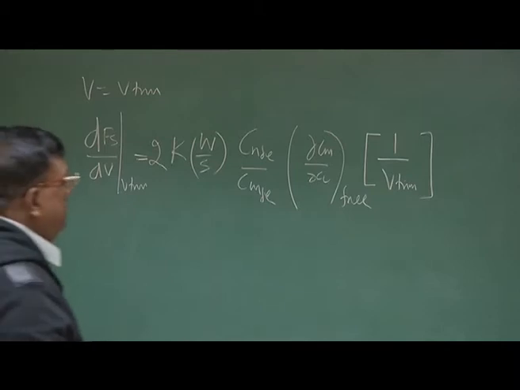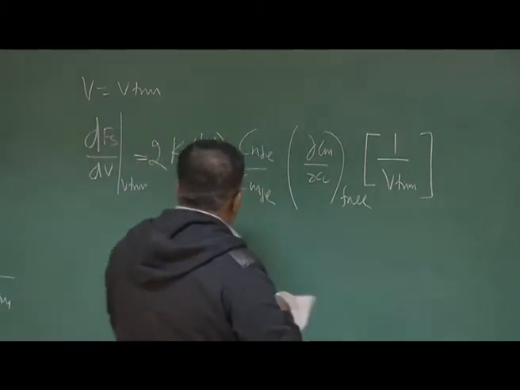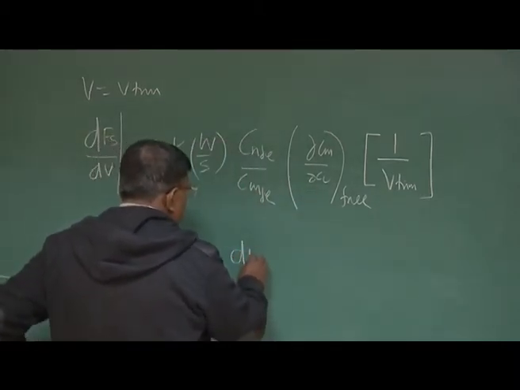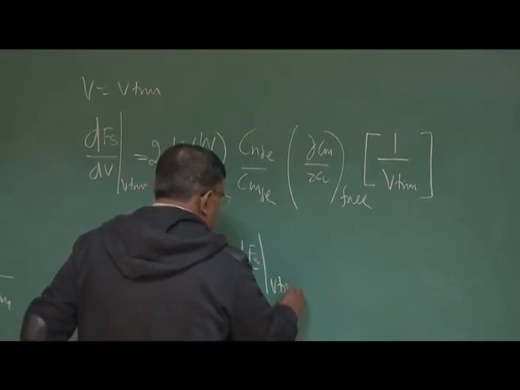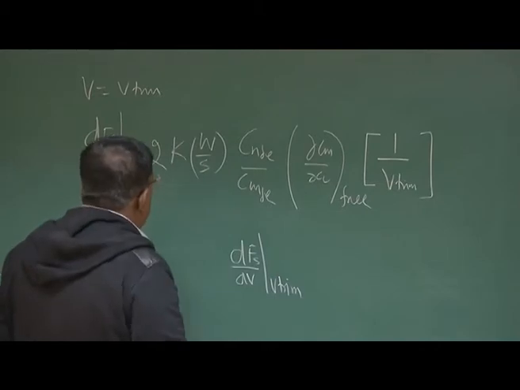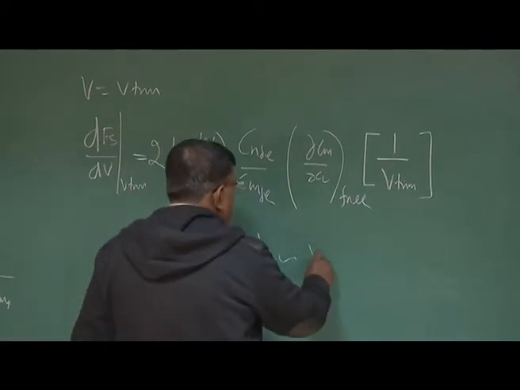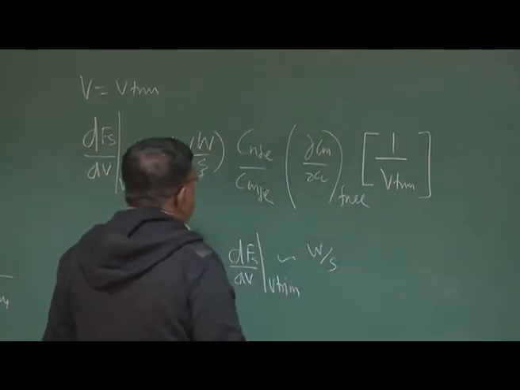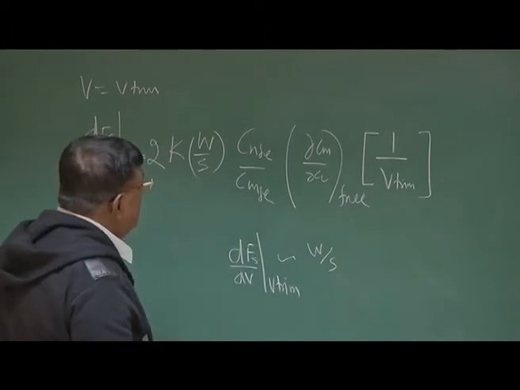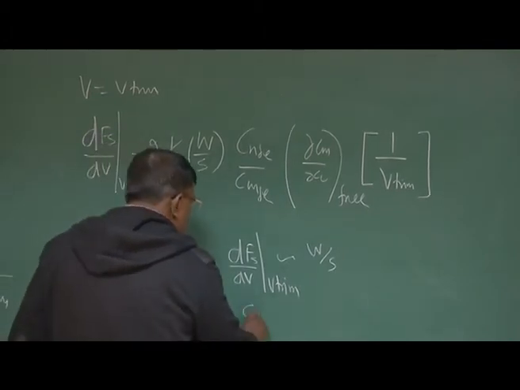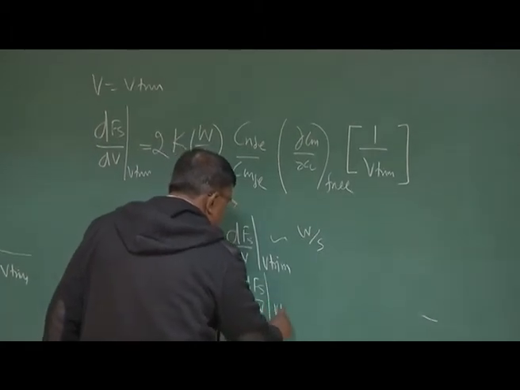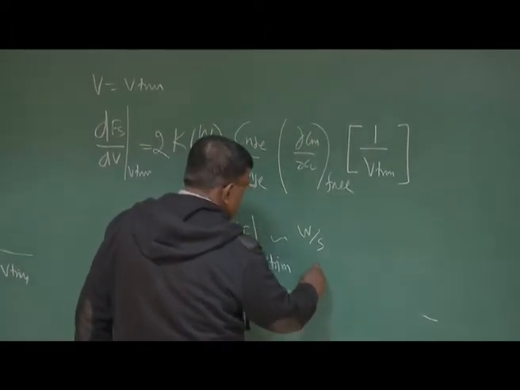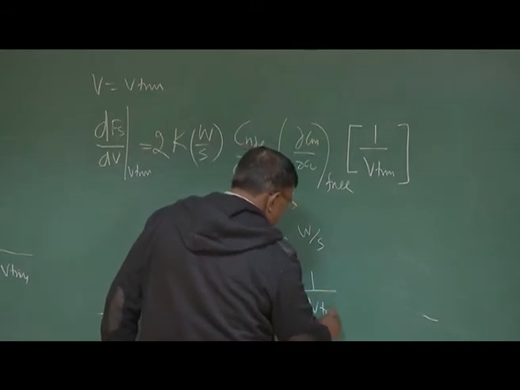Okay? Also, let me write this down: dFs by dV at V trim will be proportional to W by S, a very important parameter, wing loading. Also I see dFs by dV at V trim is inversely proportional to V trim.